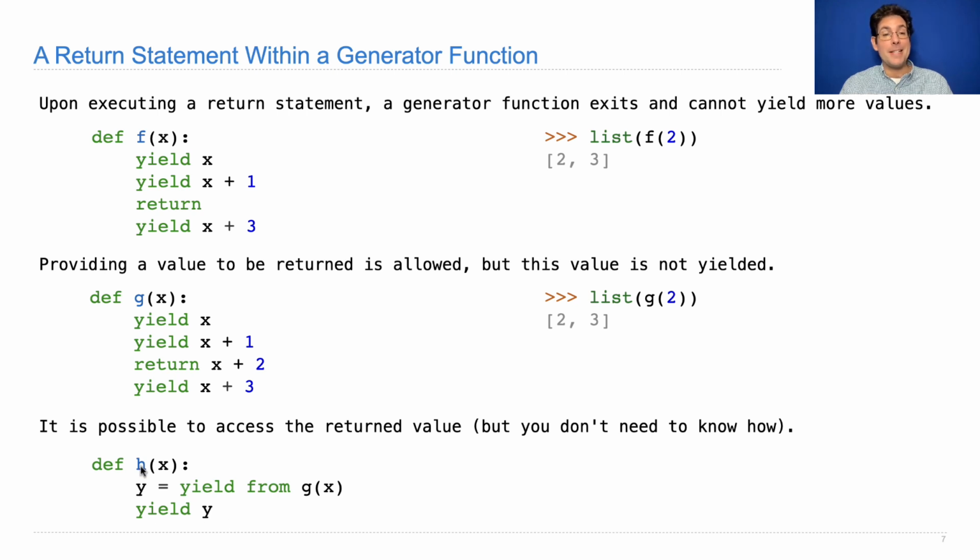Now I've written a generator function that yields everything from g of x and captures what was returned from g of x and yields that too. If I list all of those values, starting with x equals 2, then I get the 2, the 3. 4 is not returned, so it wouldn't come out of the yield from. Instead, it's assigned to y, and yielding y yields the number 4.